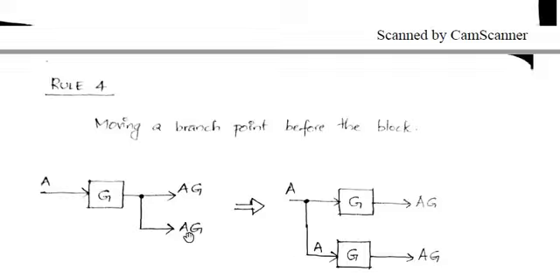From A, how to get our actual AG signal? In order to get AG, this signal A should pass through a block with the gain G. So in that branching, I have placed another block with the gain G. To that block we apply the signal A, so this A will get multiplied with G, and finally we will get AG in the branch. Clear?